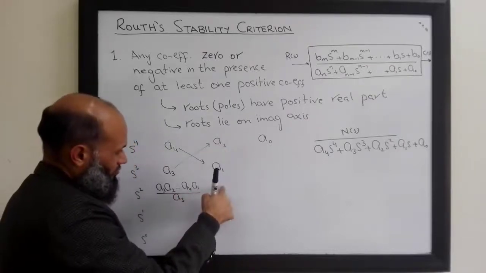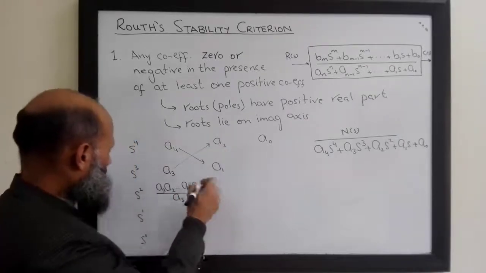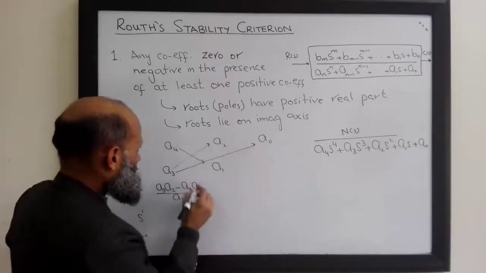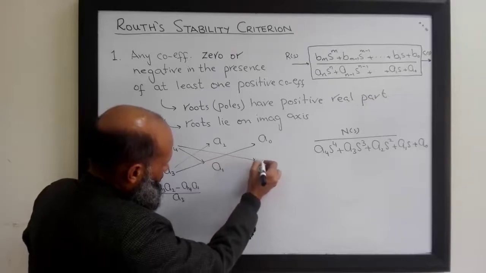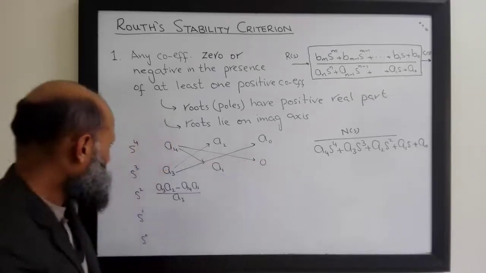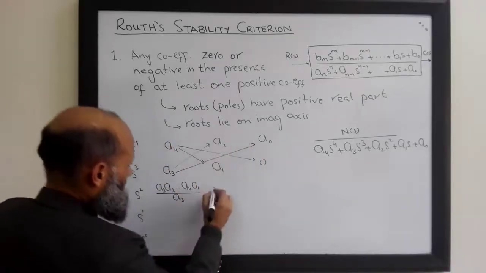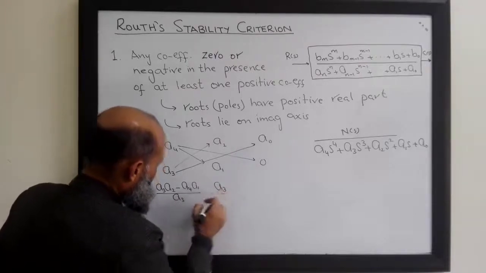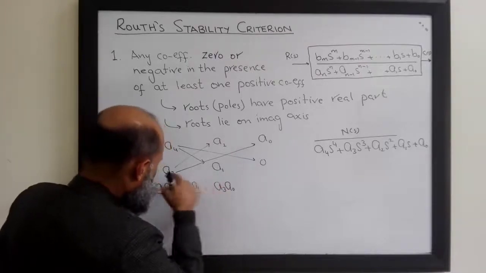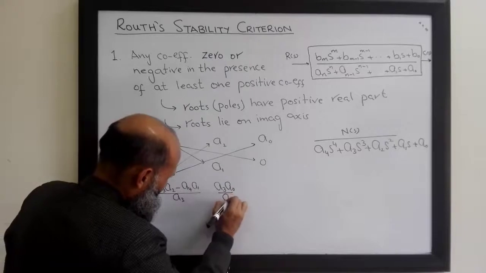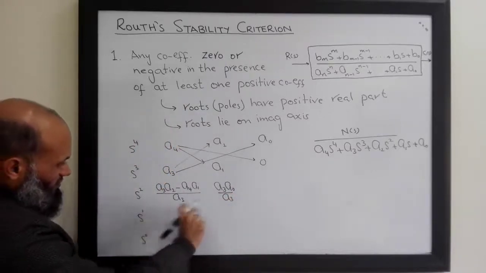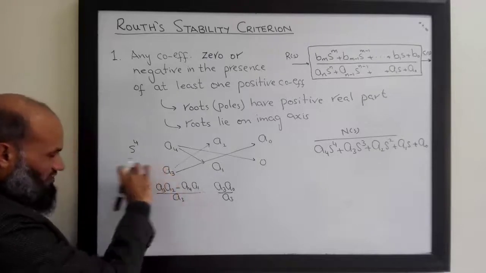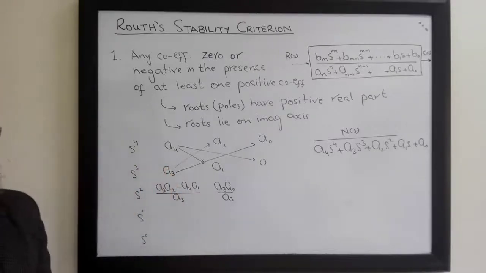The coefficient over here is obtained by multiplying this with this one minus this multiplied by this. If there is nothing, then that is 0. So a3 multiplied by a0 whole divided by a3. Then the entries over here are determined from these two rows.